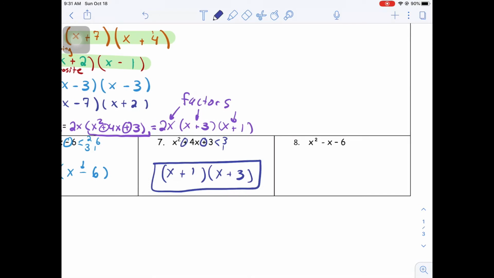Okay, last one here, 8. We have negative at the end. We have negative in the middle, so positive, negative. This one does look like it's going to utilize 3 and 2 because we need a negative 1. So we're going to go negative 3, positive 2 would give us x and x. Because positive 2 plus negative 3 gives us that negative 1 right here.